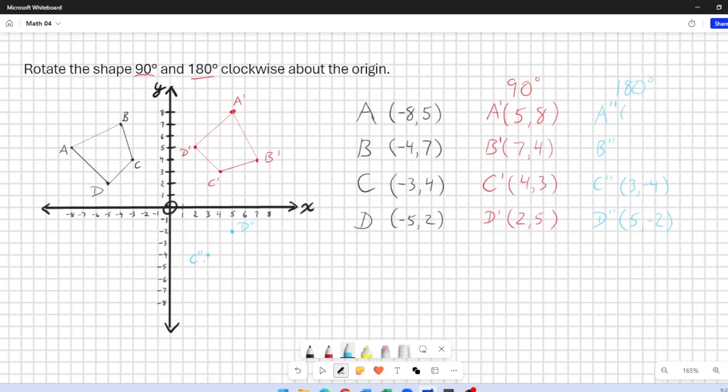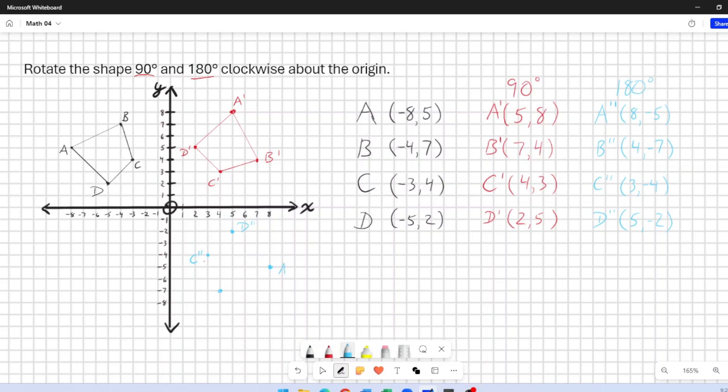Let's see if it works for A double prime. A is -8 and 5. It's going to be 8 and -5 when we switch the signs on both. And I'll do part B as well. Part B is going to be 4 and -7. So let's go find those points here. A is 8 and -5. And 4 and -7.